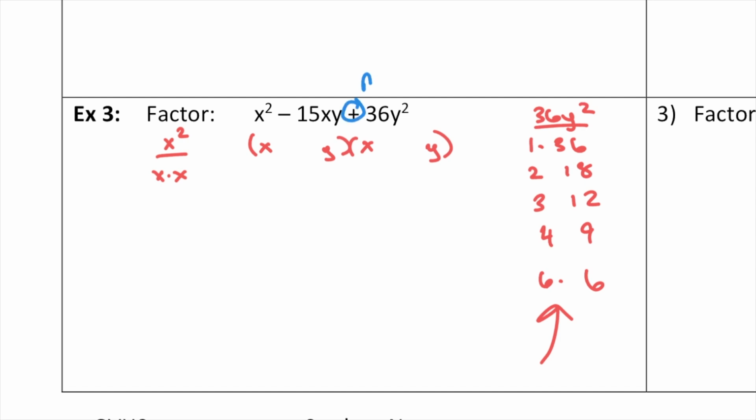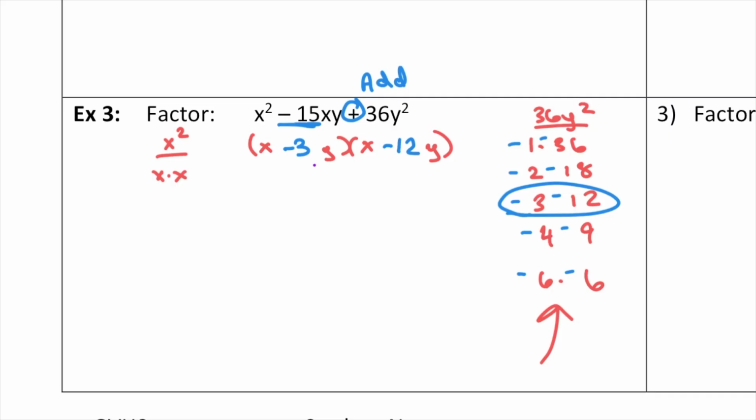This tells me to add, and what do I want to get when I add? I want a negative 15. Ooh, negative 15, huh? So if I add and get a negative, that means that both of these should be negatives. So as you look, you can see that the only pair of numbers that are going to work are negative 3 and negative 12. And you know what we do next?